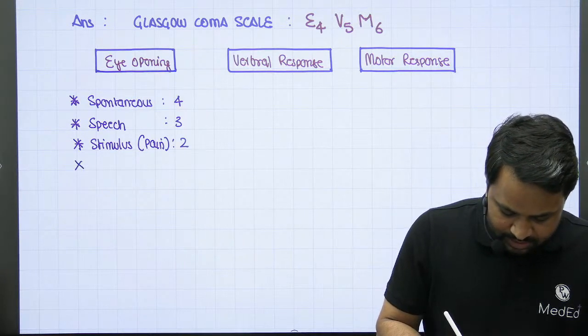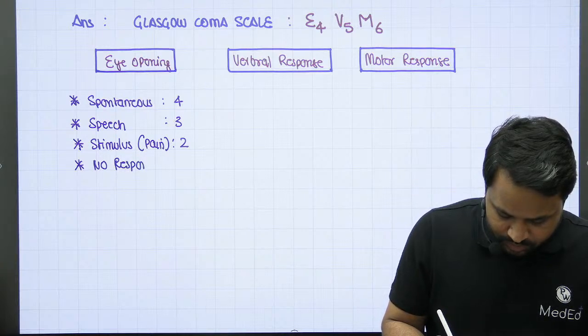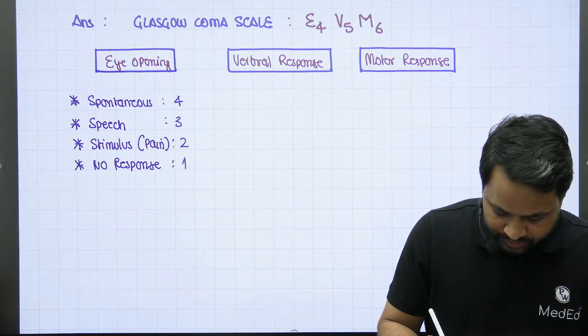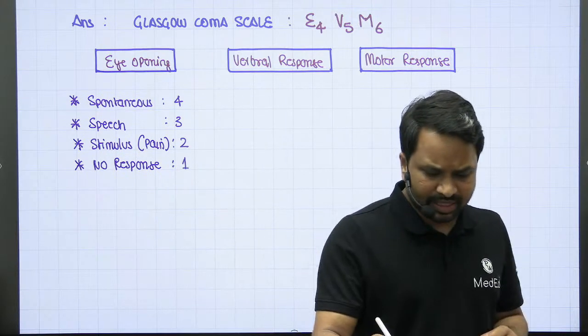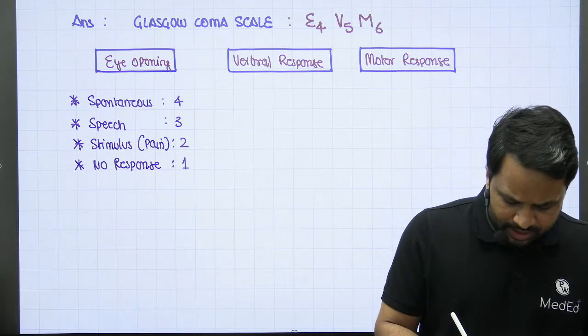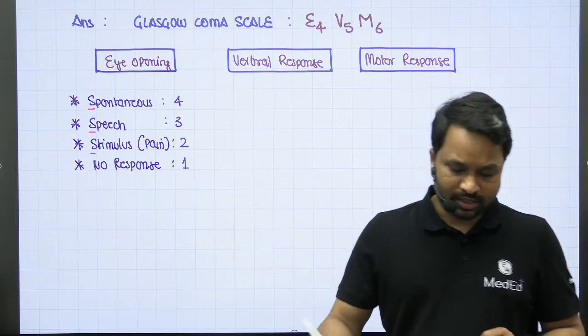And if there is no response for eye opening, a score of 1, we never give a score of 0 on GCS, right? So the eye opening can be easily remembered. It all starts with S only: spontaneous, to speech, and to a stimulus, that is painful stimulus. This is how you'll remember it.